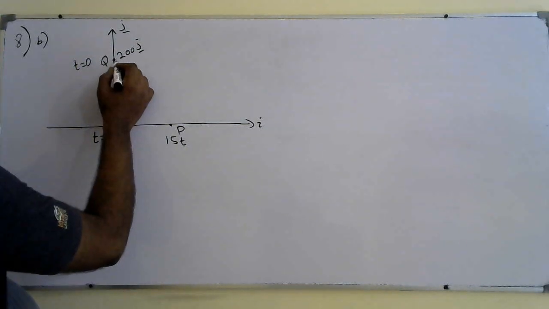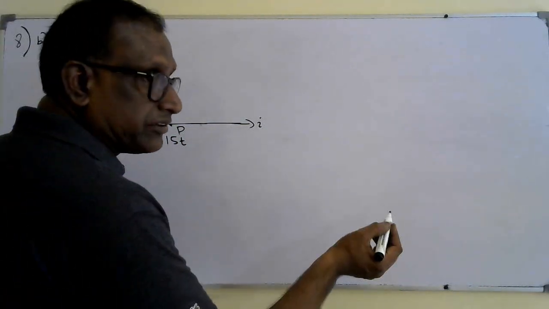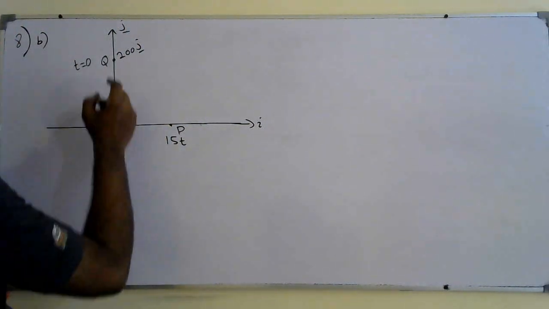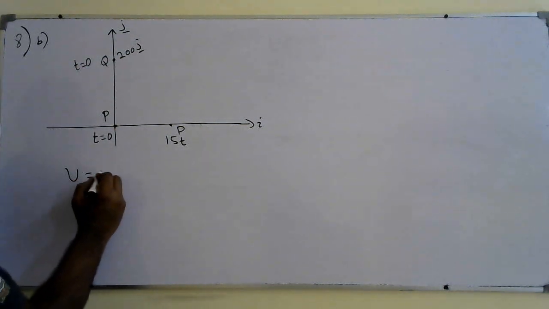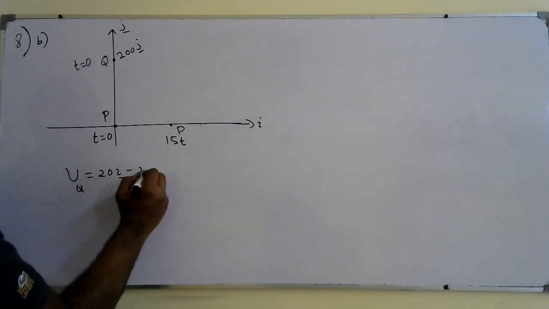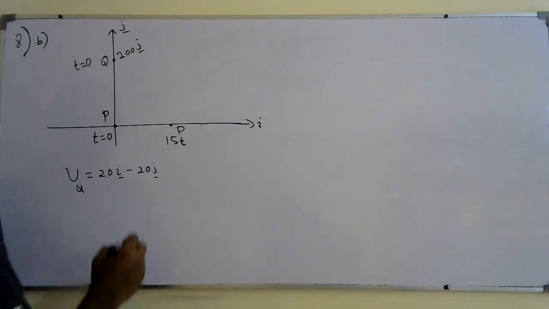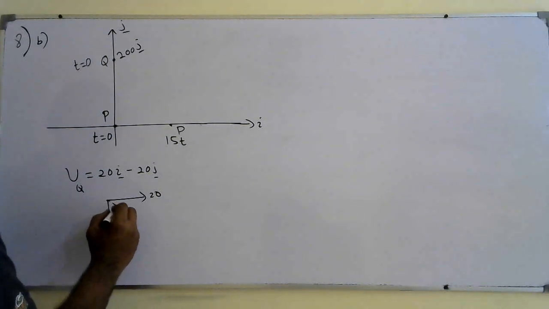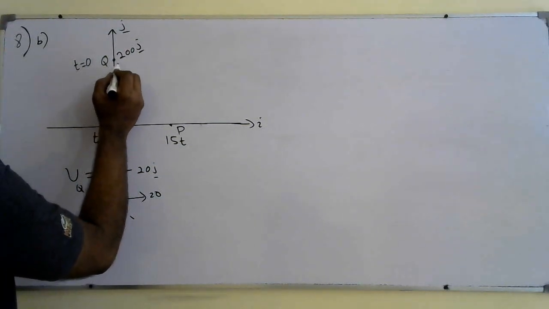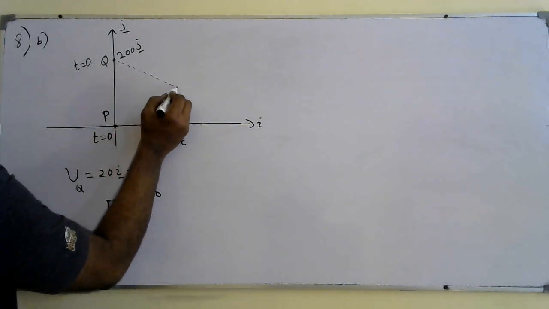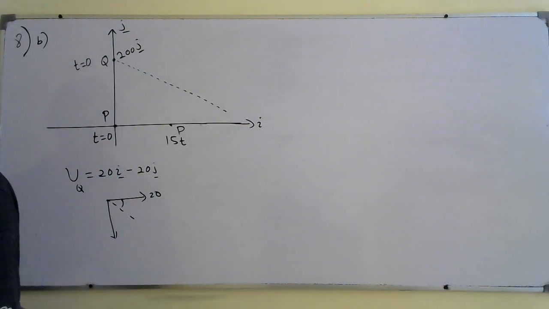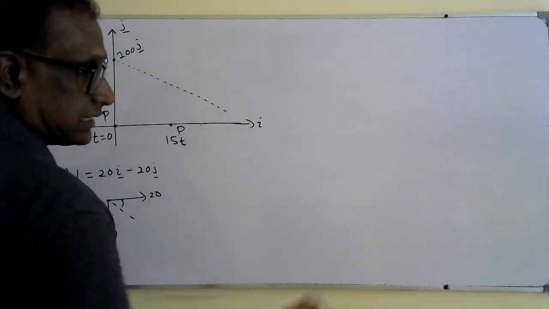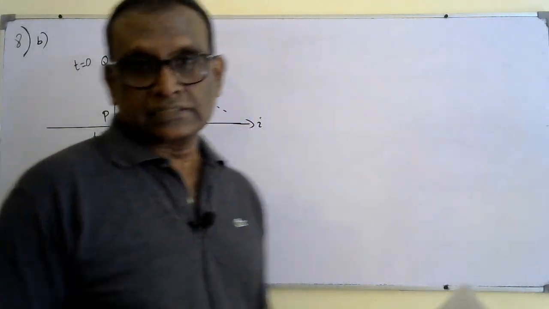So we know that Q is moving at 45 degrees, bearing 135, because the velocity of Q is given as 20i minus 20j. I already explained that in the first part, A part. So it has components 20 this way and 20 this way, along 45 degrees. So Q is going to move along this way. At time t, the boats P and Q are shown as particles.